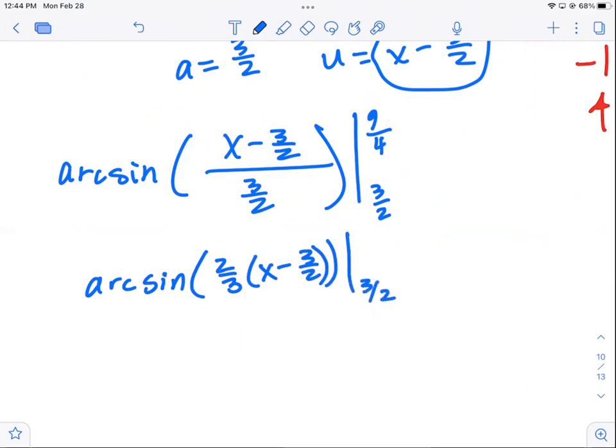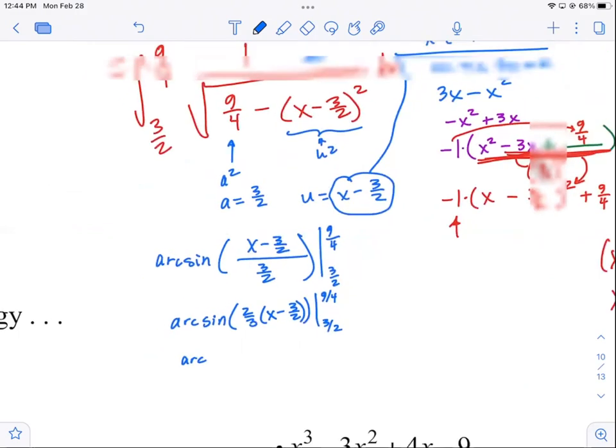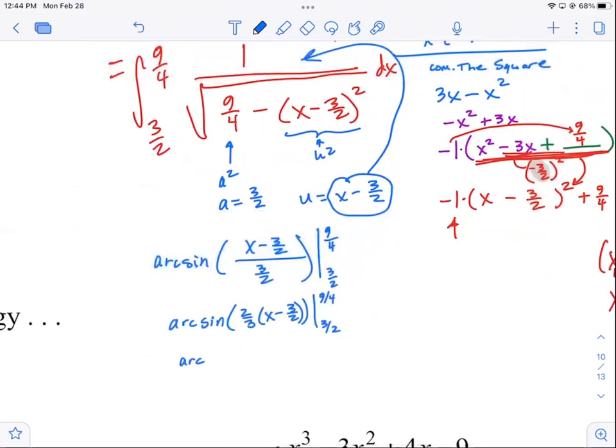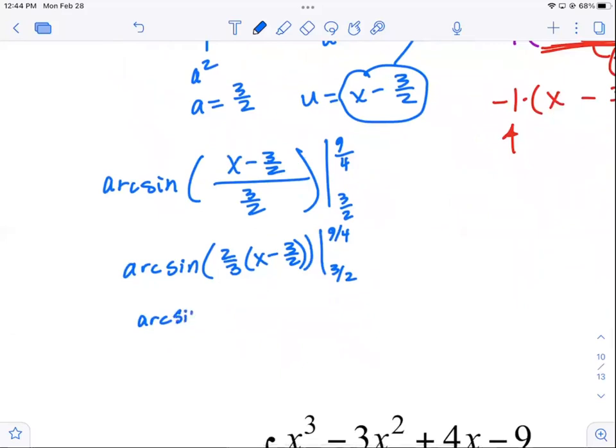Now let's distribute. Or do you want to distribute? It's up to you. I probably would. You get 2/3 x minus 1, right?